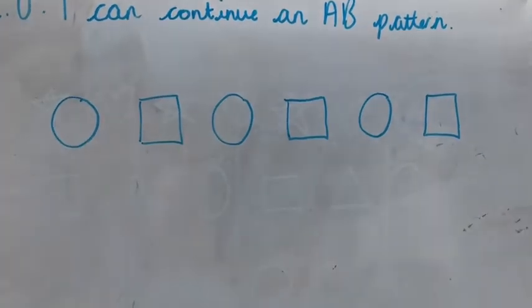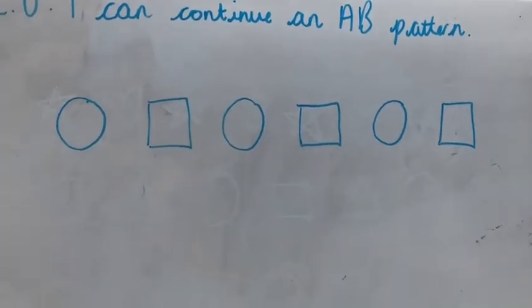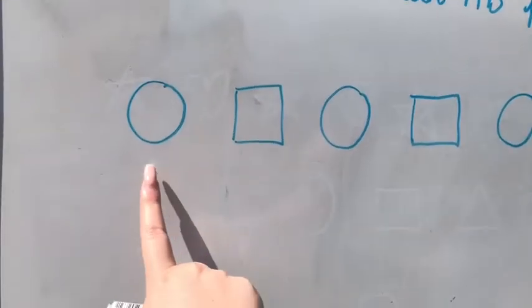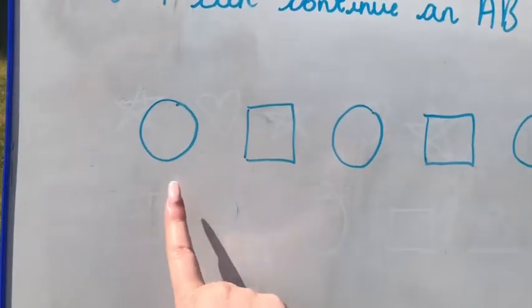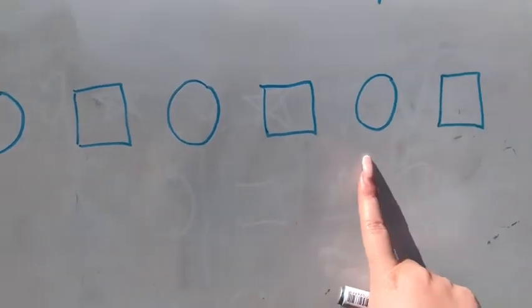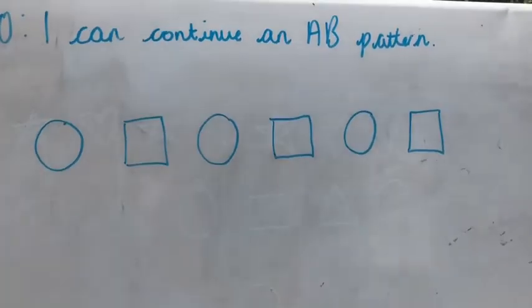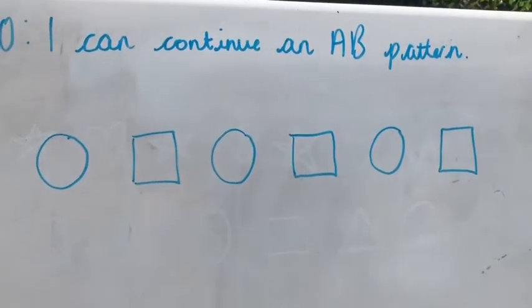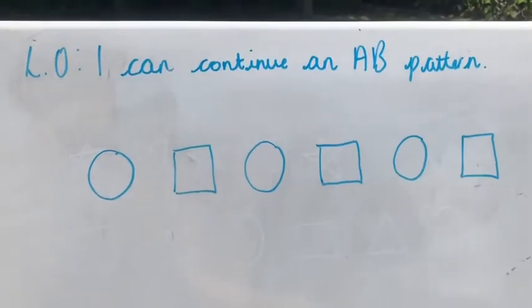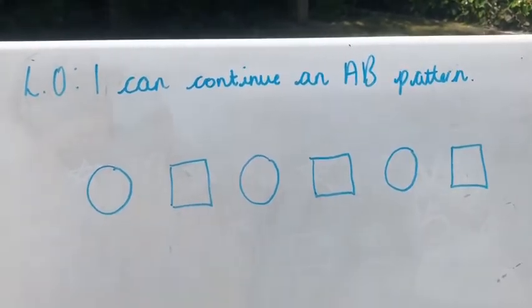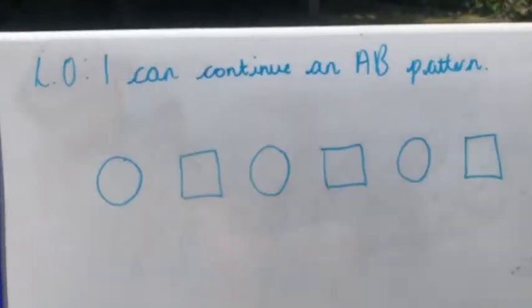Okay, there's my pattern. And we call this an A-B pattern because say a circle is A, and a square is a B, it goes A, B, A, B, A, B. So the important thing to remember with patterns are they always repeat. What's the word? Repeat. And repeat means that something happens again and again and again.